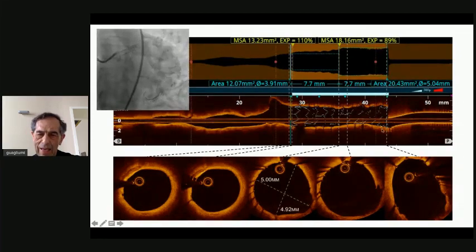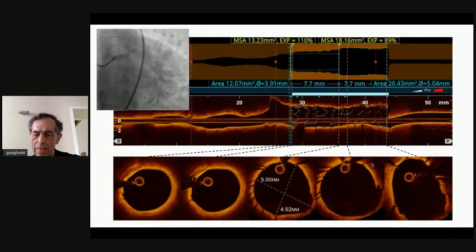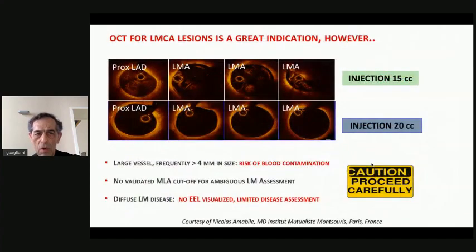You might see clearly that you have a very satisfactory expansion, and you are divided in two different segments, from the ostium to before the bifurcation, for assessing the stent expansion. Of course, in this lesion, you need to remember that large vessels, frequently more than 4 millimeters, bring the risk of blood contamination.